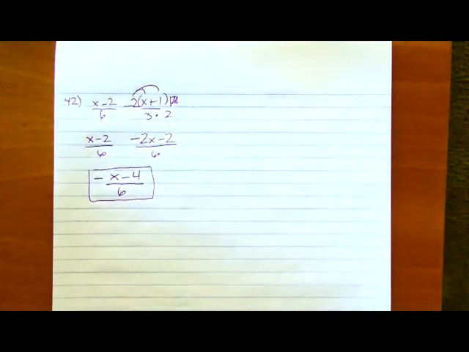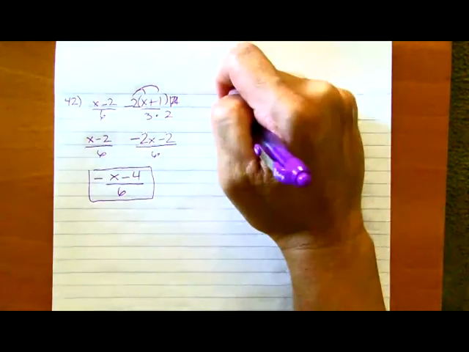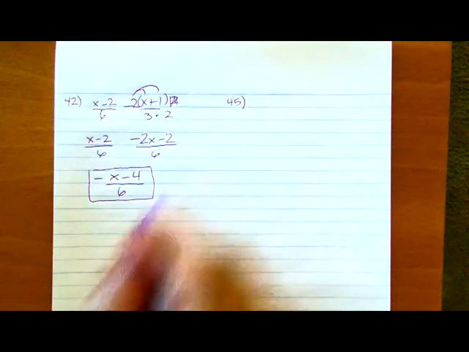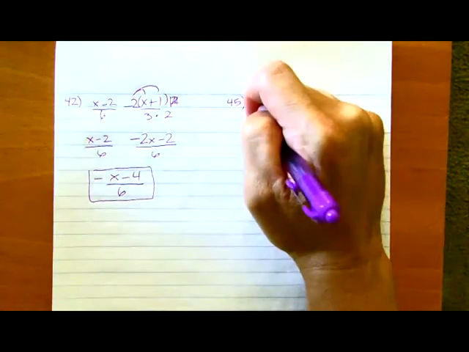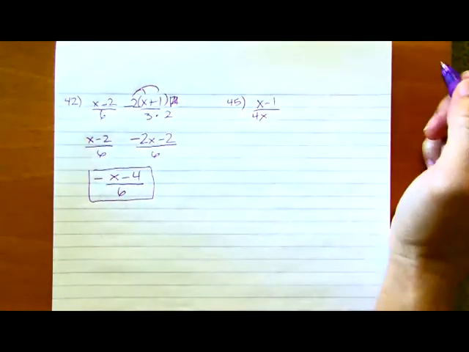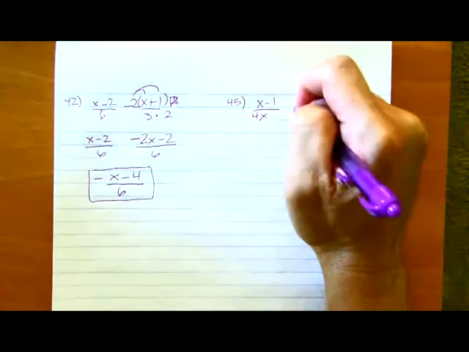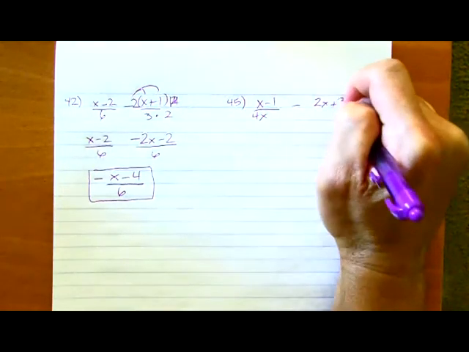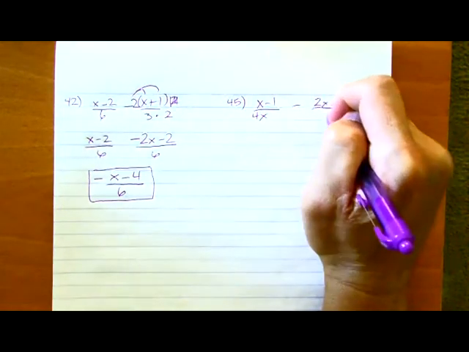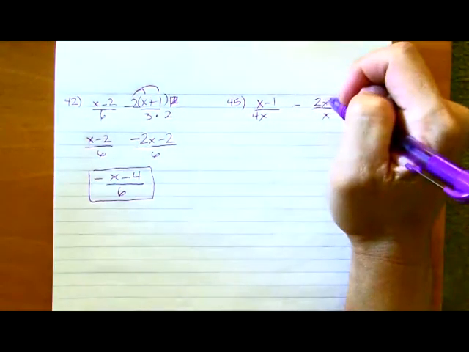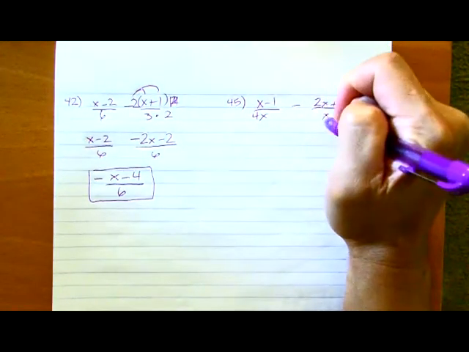Okay, number 45. 45 says x minus 1 over 4x minus 2x plus 3 over x. Okay, we need to get the denominators to match.